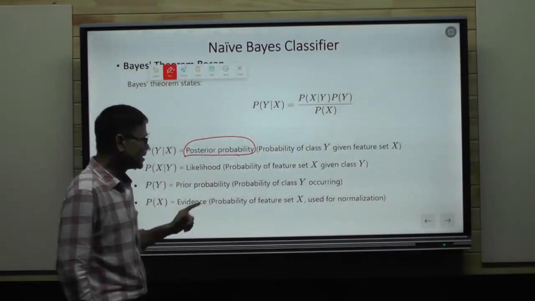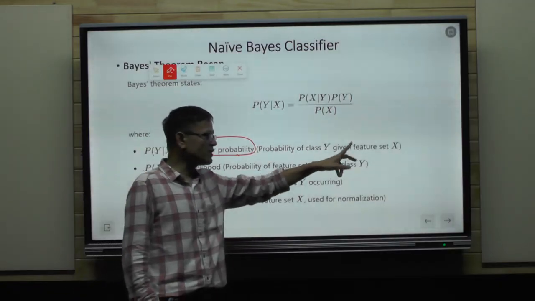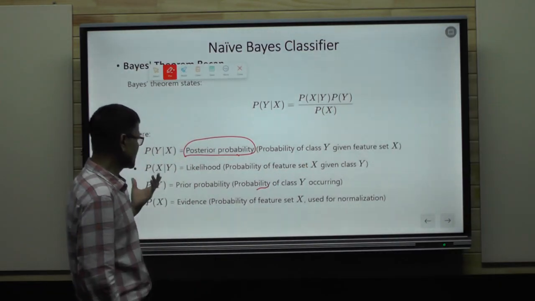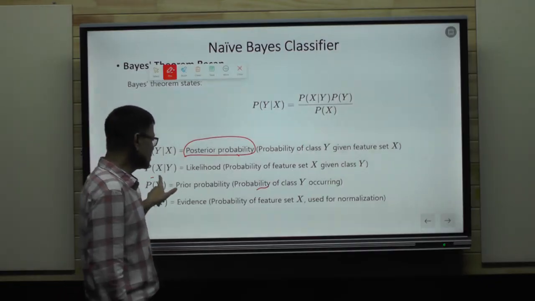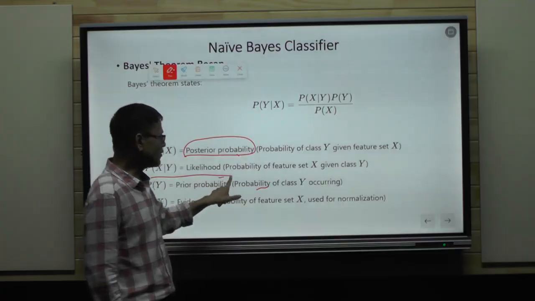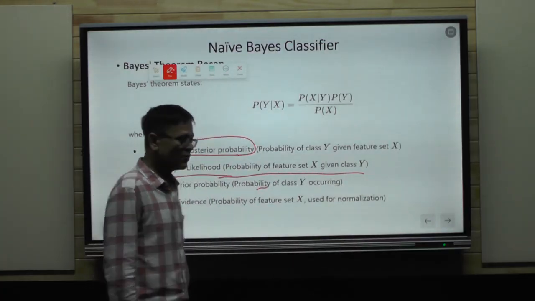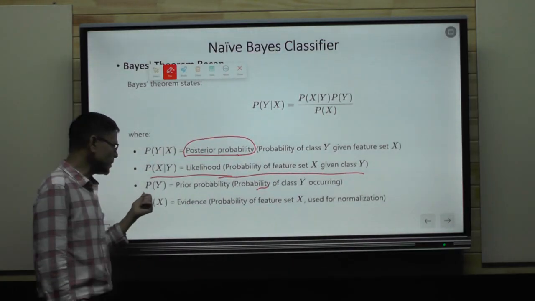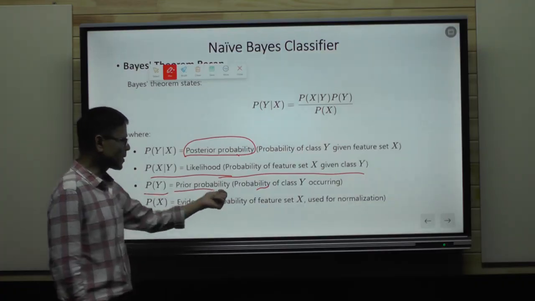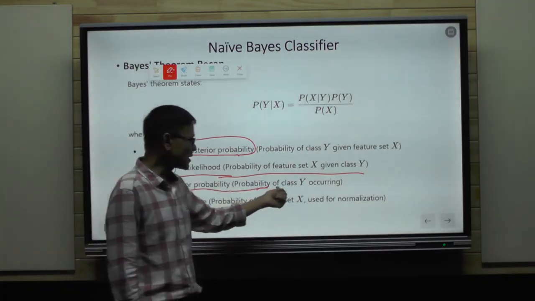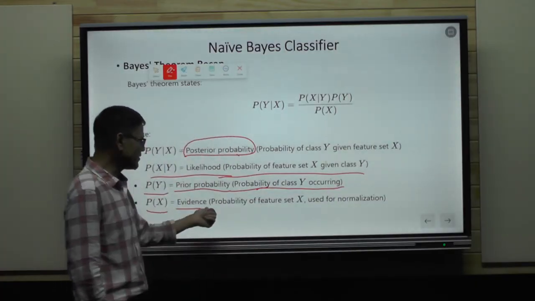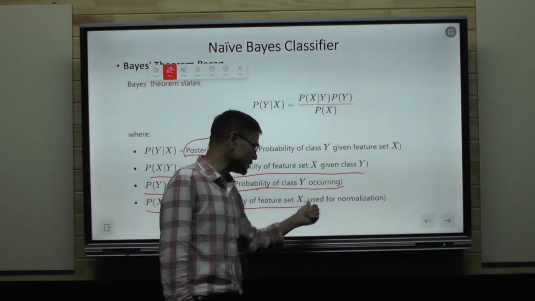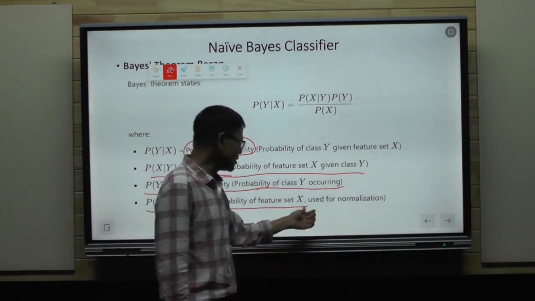The probability of class y given the feature set x, that is the posterior. Likelihood is the probability of feature x given class y, and P of y is the prior probability, the probability of class y. And P of x is the evidence, the probability of feature set x, used for normalization.